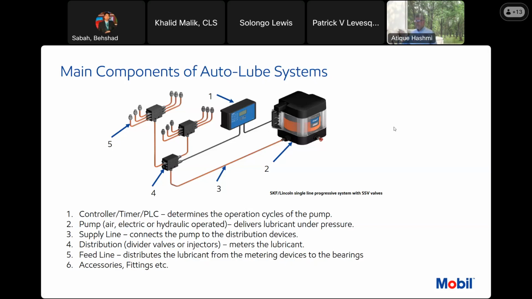Yes, and how often do you recommend that a maintenance team should check the lines? If there is no problem, how often on a regular basis should they do it? That's a very good question. I think I have something on that question in next slides, but I can tell you one thing here.